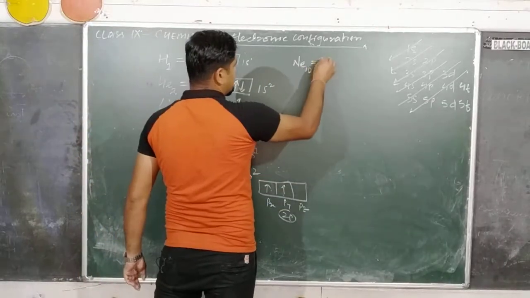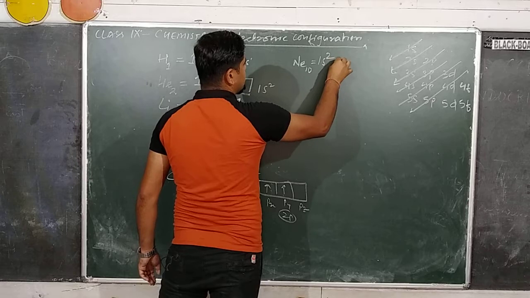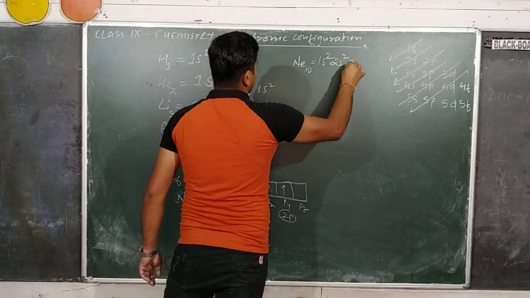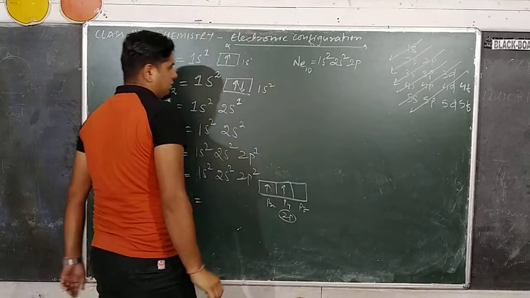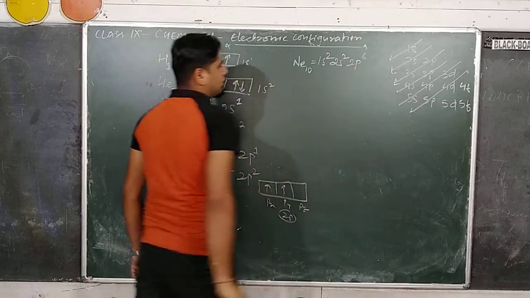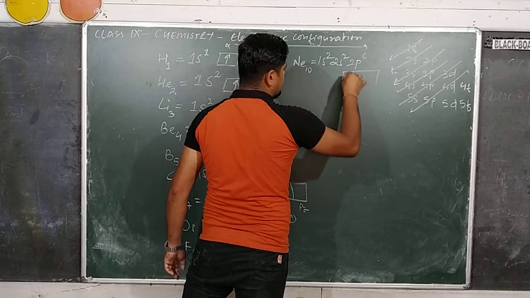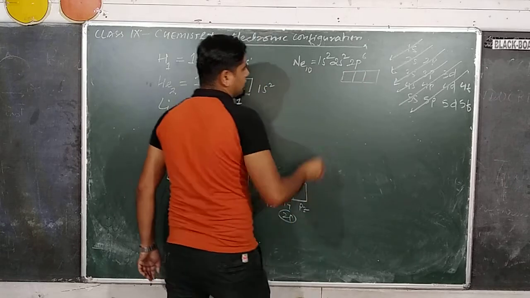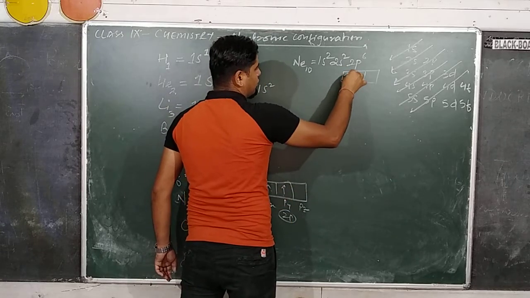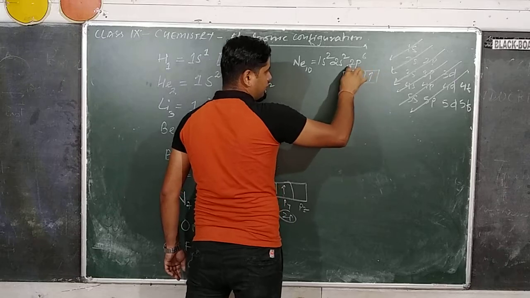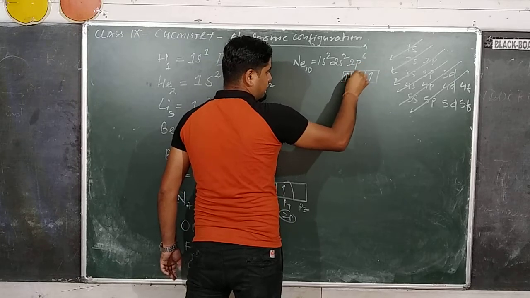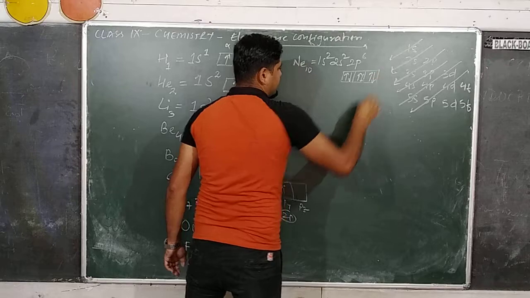For neon 10, let me write 1s2, 2s2, 2p6. Yes or no? So in this case, 1, 2, 3, p6, 4, 5, 6.